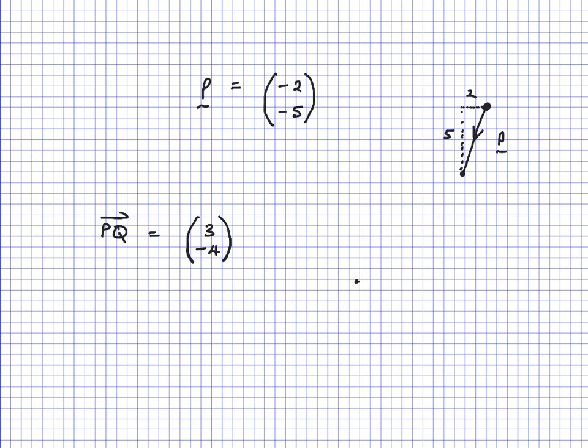Let's just start here. We'll start at this point, so it's 3 in the positive x, 1, 2, 3, and it's 4 in the negative y, so we're going to go down 4 spaces. So here is the finish point. The last thing we need to do is to draw a line connecting the two, and we should really label the vector PQ.